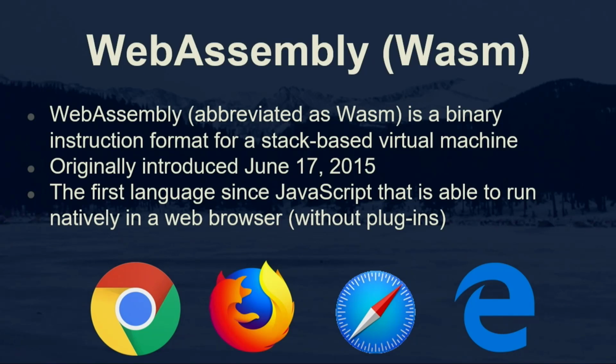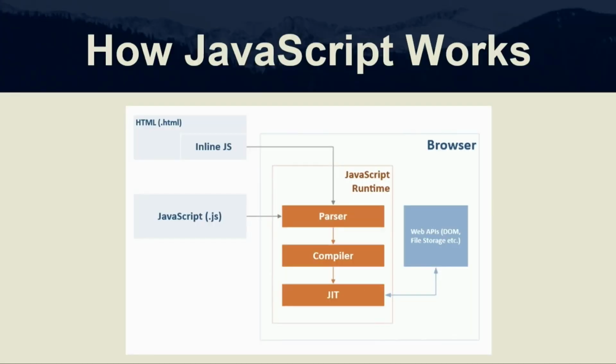So how does this actually work, right? A lot of us have become familiar with writing JavaScript over time. I don't think everyone understands fully how JavaScript really works behind the scenes. So whether it's inline JavaScript in your HTML or whether it's JavaScript as files that are pulled in as resources, they are actually parsed in your browser by the JavaScript runtime.